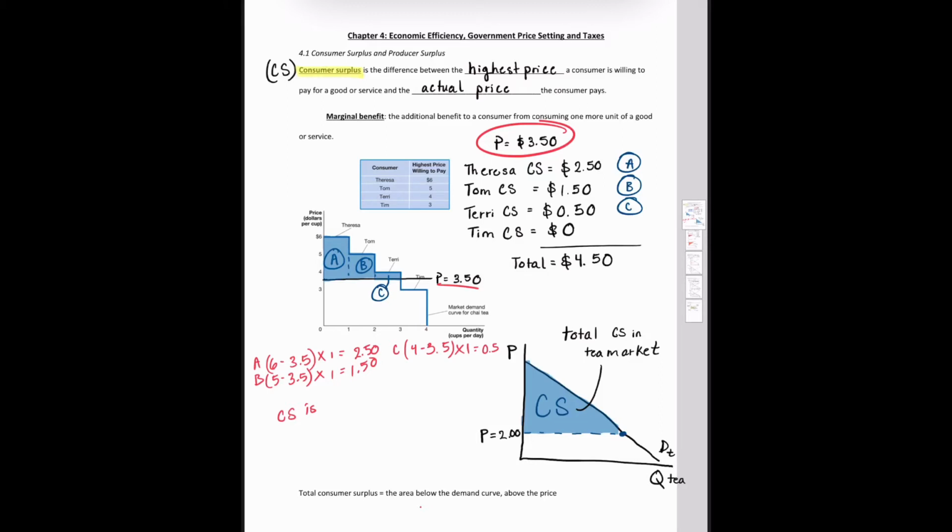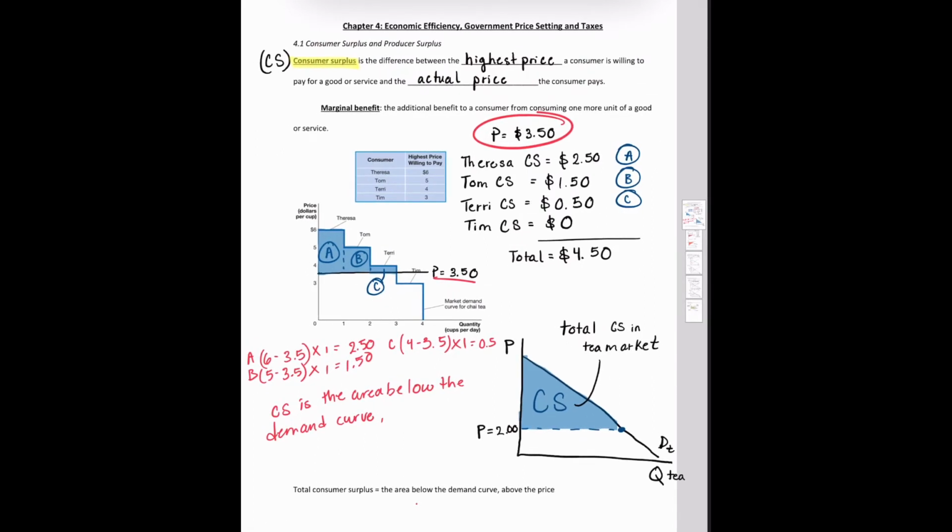So consumer surplus is described as the area below the demand curve and above the price consumers pay.